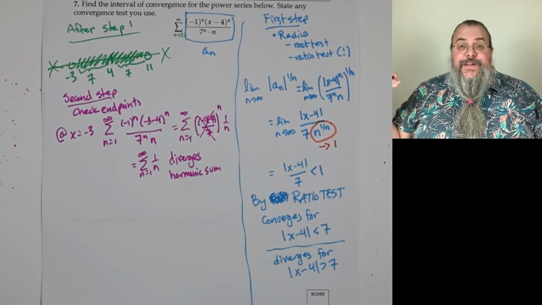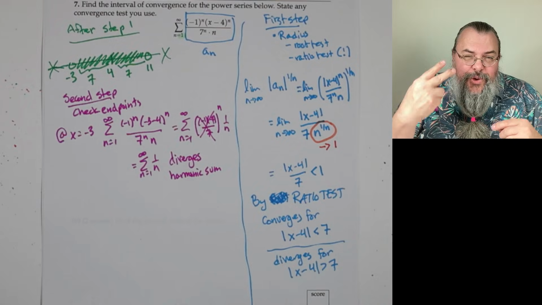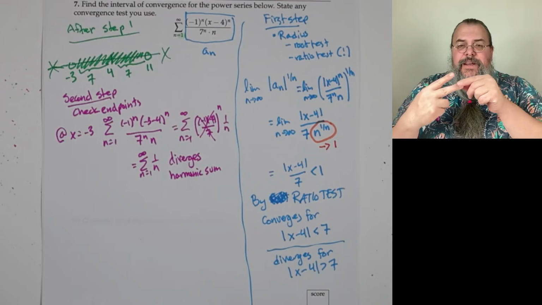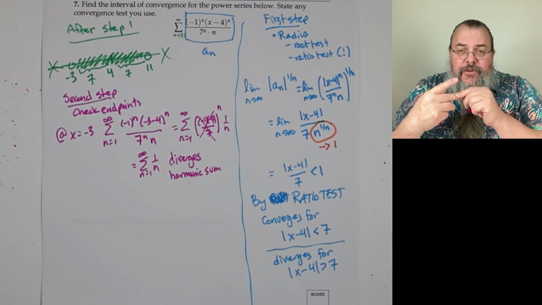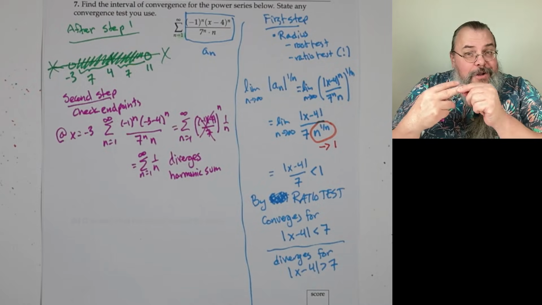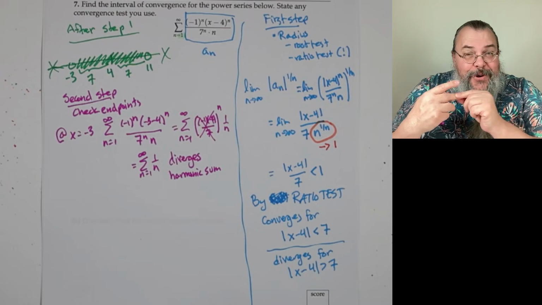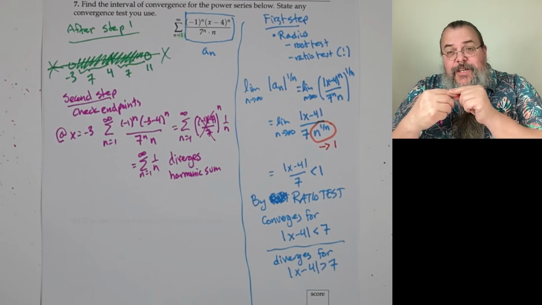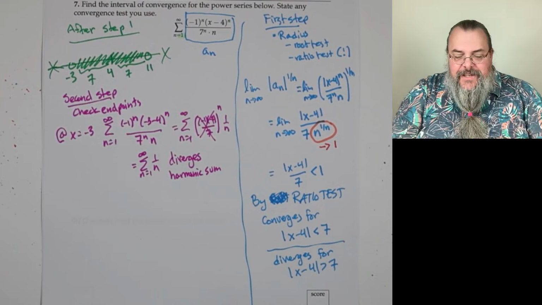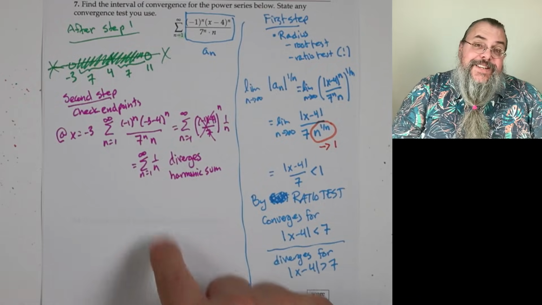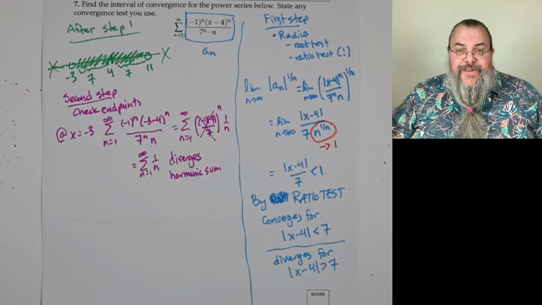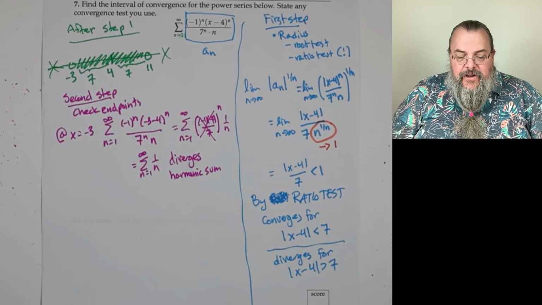On a side note, oftentimes you'll get two things you're looking for. You might have one that is alternating, then use the alternating series test. Spoiler alert, we haven't done both sides. And the other thing you might see is a p-series. This is also a p-series. You can say it diverges by the p-series test. Okay, so what does that tell us?